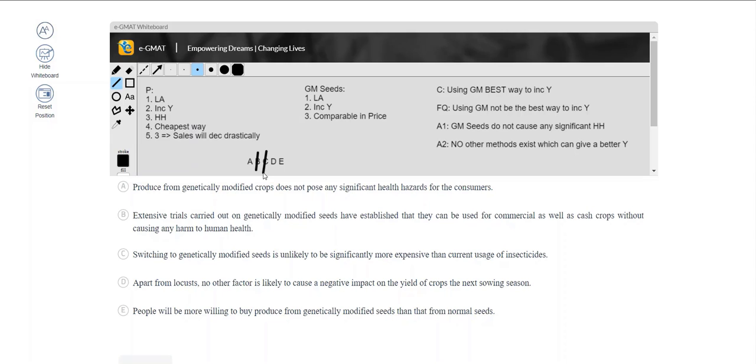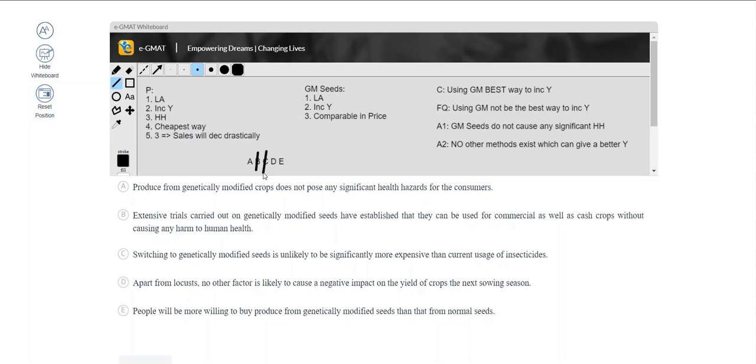Now let's look at option D. Apart from locusts, no other factor is likely to cause a negative impact on the yield of crops. Again, at best, this is a strengthener. It says that there is no other factor apart from locusts, which strengthens your belief that using GM seeds will be the best way. But it is not necessarily true that this needs to be there.